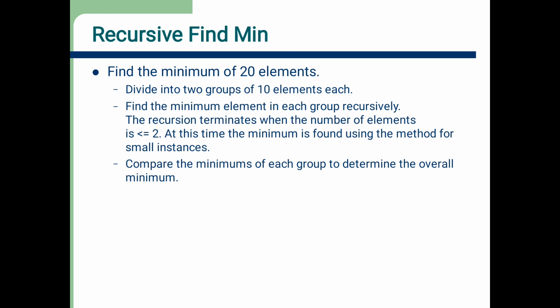If the array has more than two elements, we apply the mid formula, that is mid is equal to i plus j by 2. Recursively call for the left side, i comma mid comma max comma min, and for the right side, mid plus 1 comma j, max new and min new.